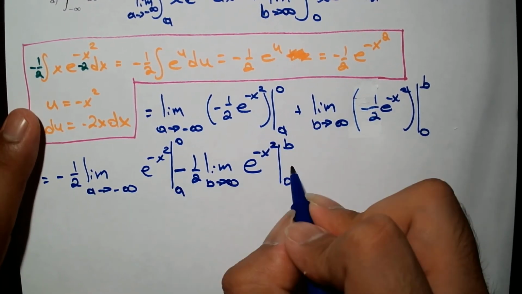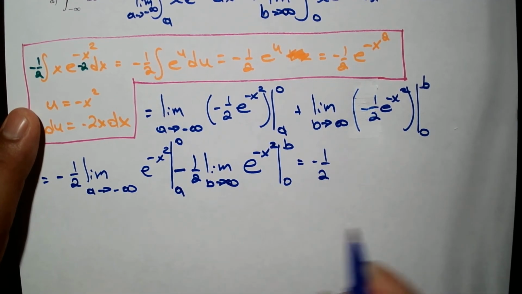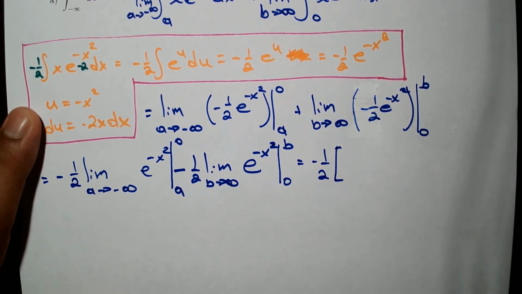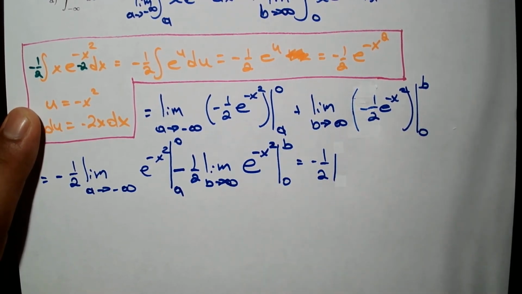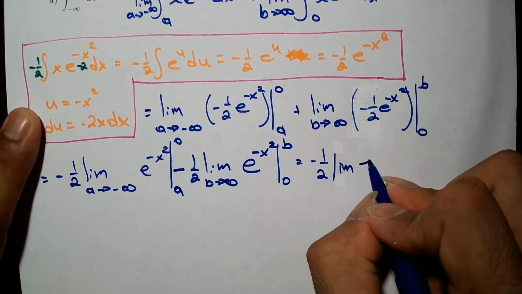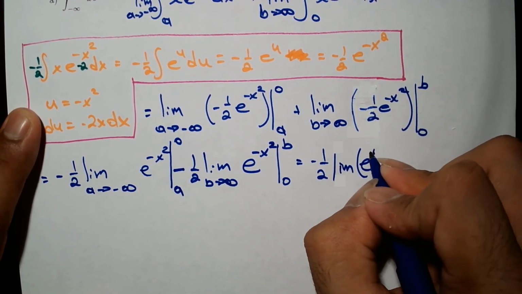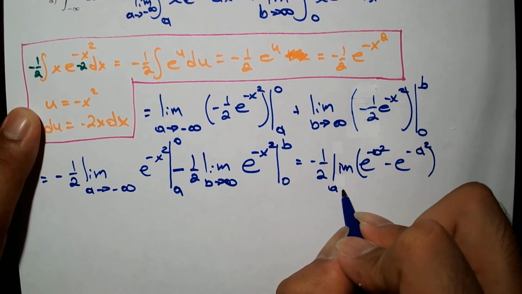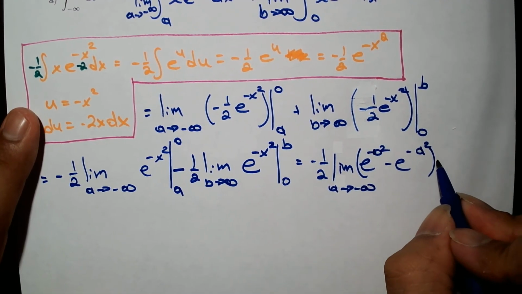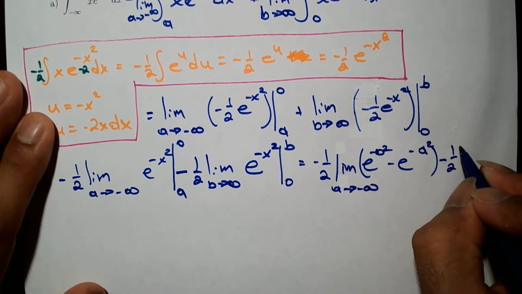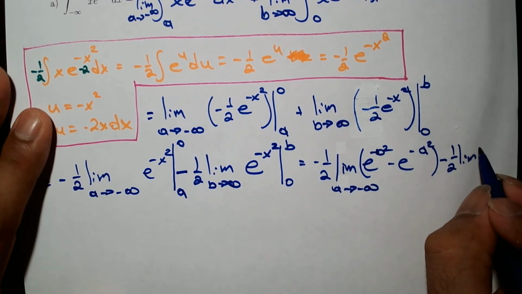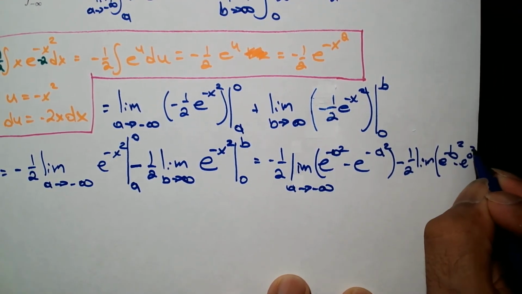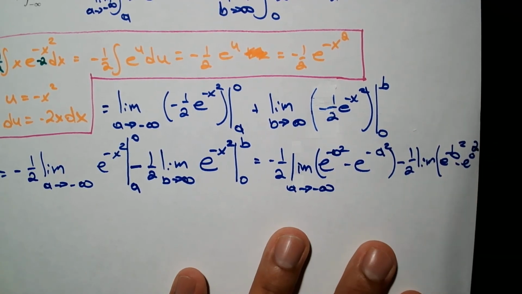So I'm going to evaluate the first one: negative 1/2 times the limit of e to the negative 0 squared minus e to the negative a squared as a approaches negative infinity, and then minus 1/2 the limit of e to the negative b squared minus e to the 0 squared.